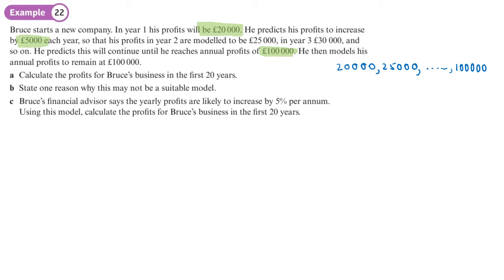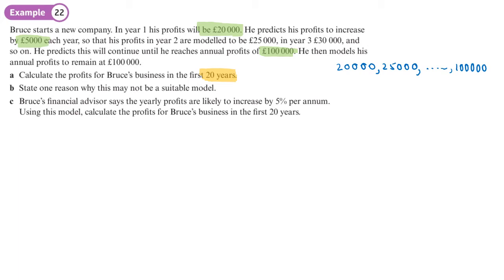Because when we work out part a, it says calculate his profits for Bruce's business in the first 20 years. Now, you'd be tempted in this part of the question to just say, okay, n equals 20, let's just work it out. But you need to be careful, because he could reach that £100,000 profit before the 20 years are up.